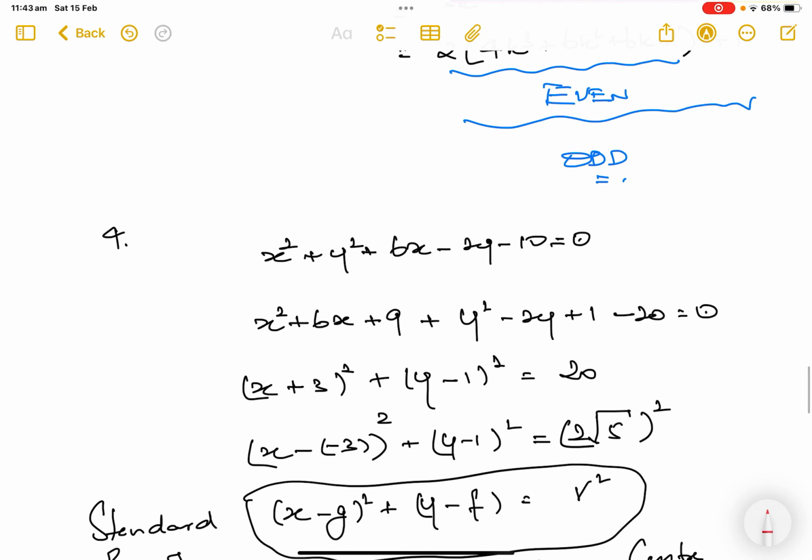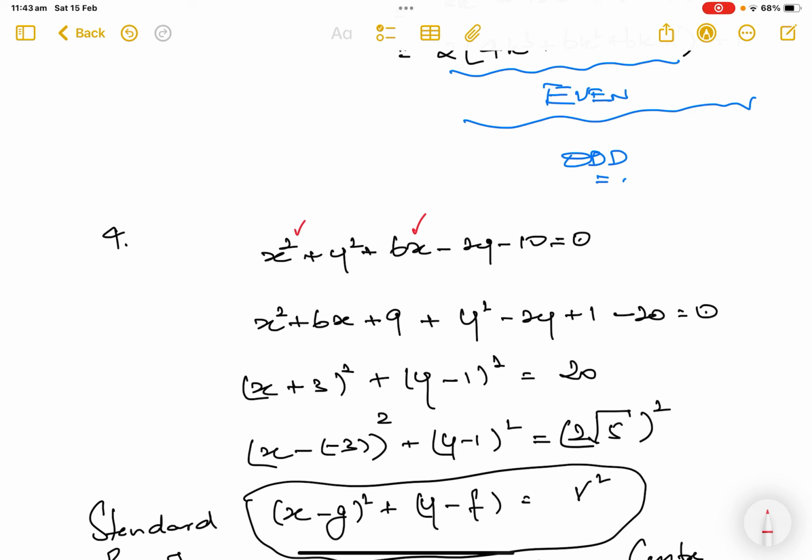The circle equation given is x squared plus y squared plus 6x minus 2y minus 10. I want to make it a complete square in x and y. For x squared plus 6x, we need 9, so I purposely add 9.